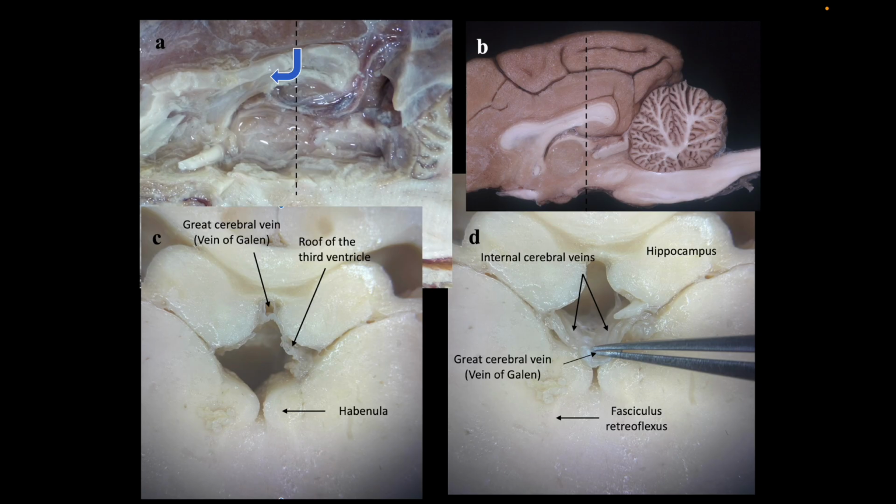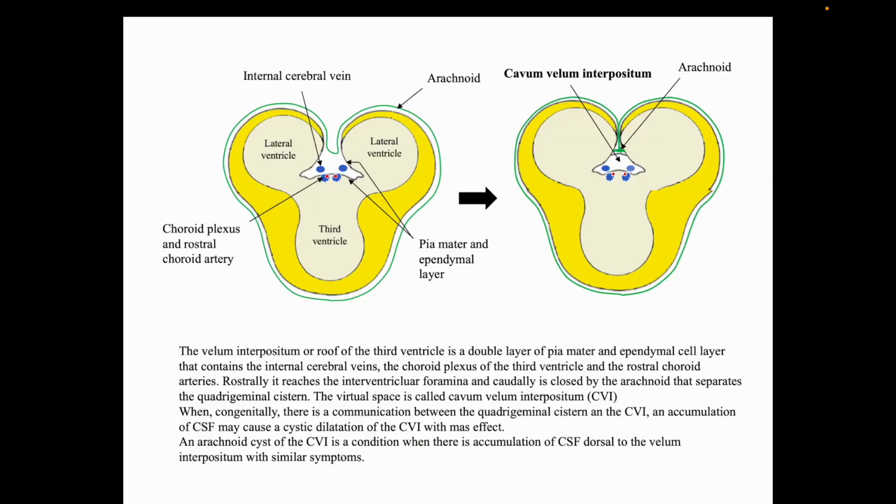And if with the forceps we move down this roof of the third ventricle, we can identify that inside it are located the internal cerebral veins that connect both of them. They form the great cerebral vein or vein of Galen that is easy to see on image C.